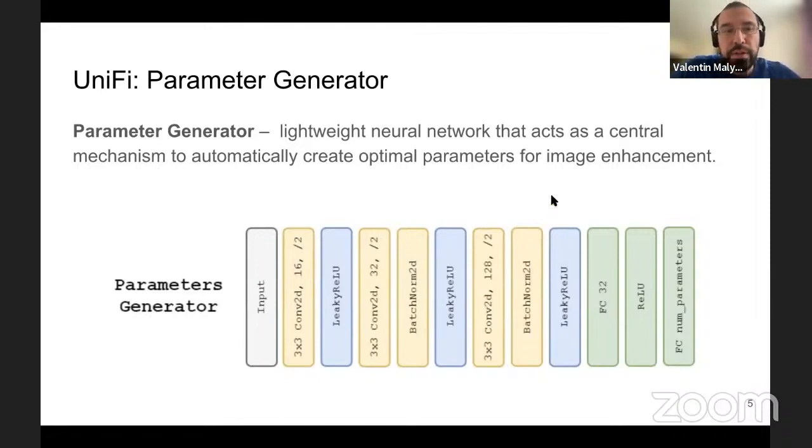So the parameter generator is a model which embeds the image and uses the embedding to produce the output parameters.